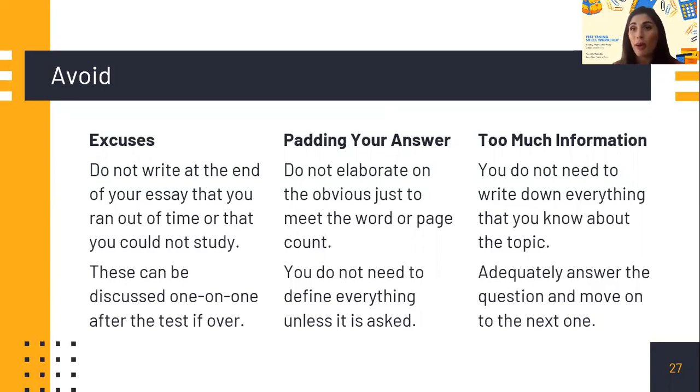You just have to talk about the Revolutionary War. So adequately answer the question that you are being asked. Go back to that action word, go back to that verb, answer that question, and then just move on to the next one. You won't get extra points just because you wrote a lot of information or you had 5 pages. You just want to adequately answer the question that is being asked.